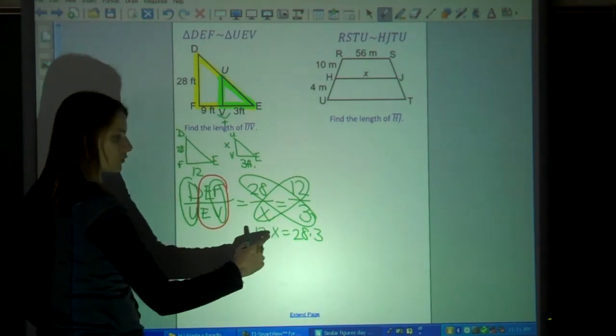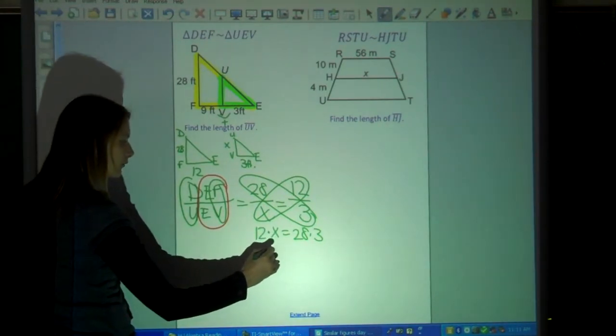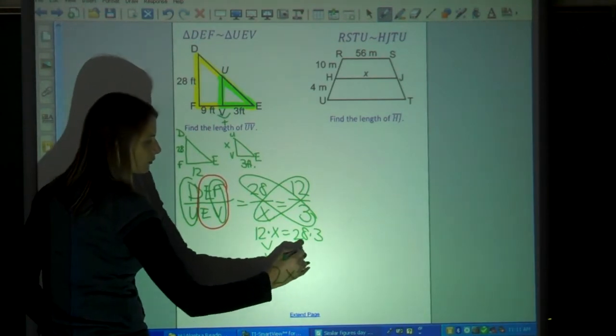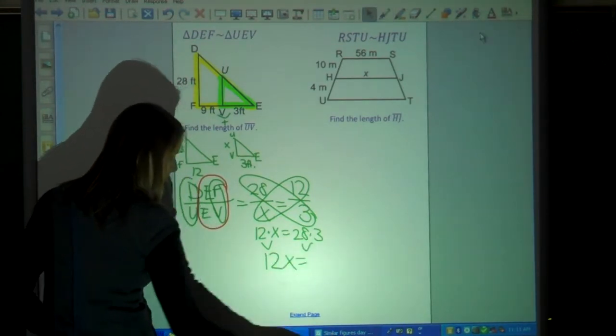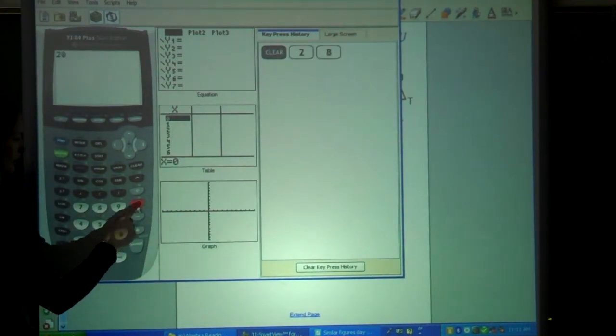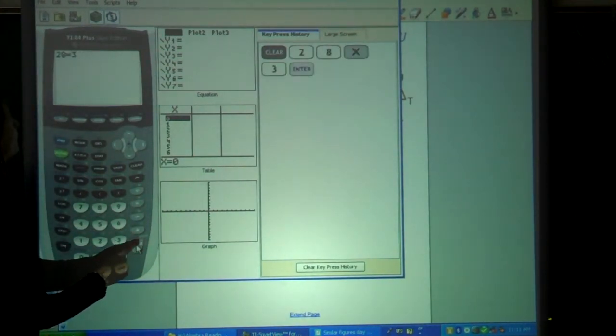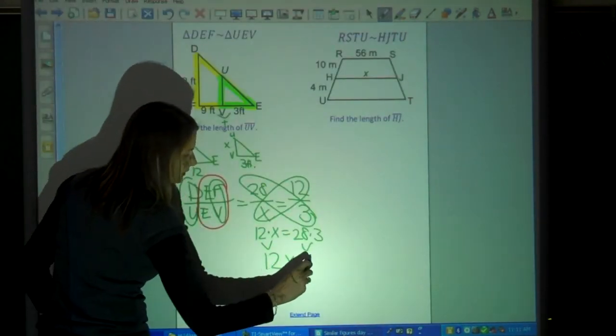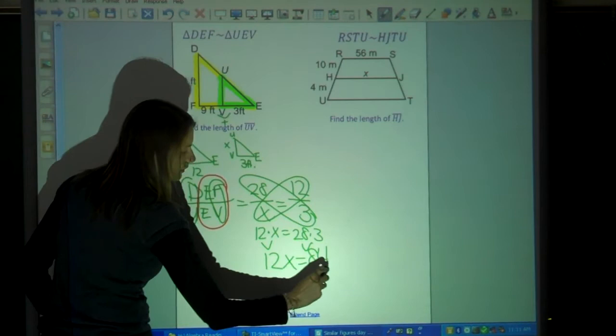Now I cannot do 12 times x because I don't know what x is, so I'm just going to write 12x equals 28 times 3. And I'm going to stick that in my calculator, 28 times 3, and I get 84. So 12 times x is equal to 84.